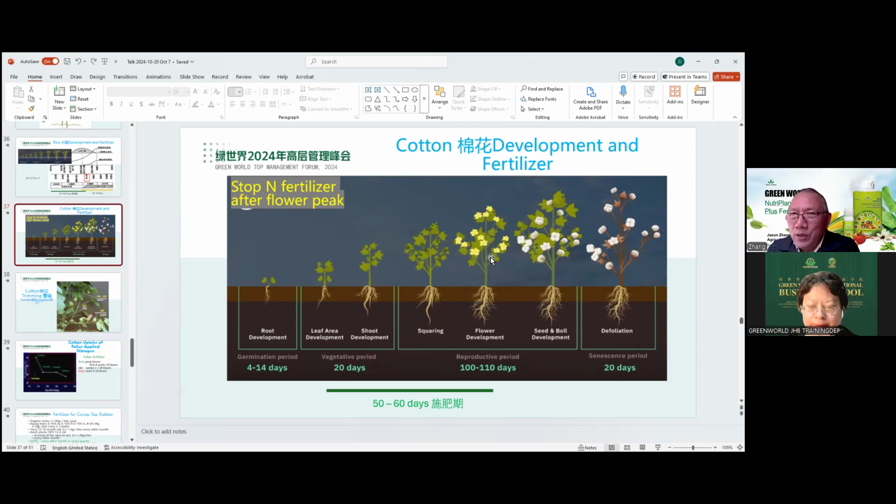To do this, you should put a lot of organic material, compost, in the soil before planting, or you have to do rotation. One year plant cotton, another year plant soybeans, another year plant something else.